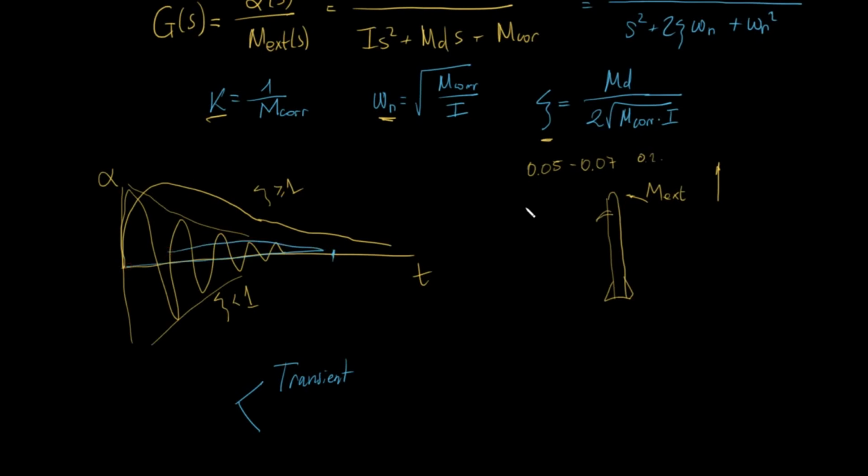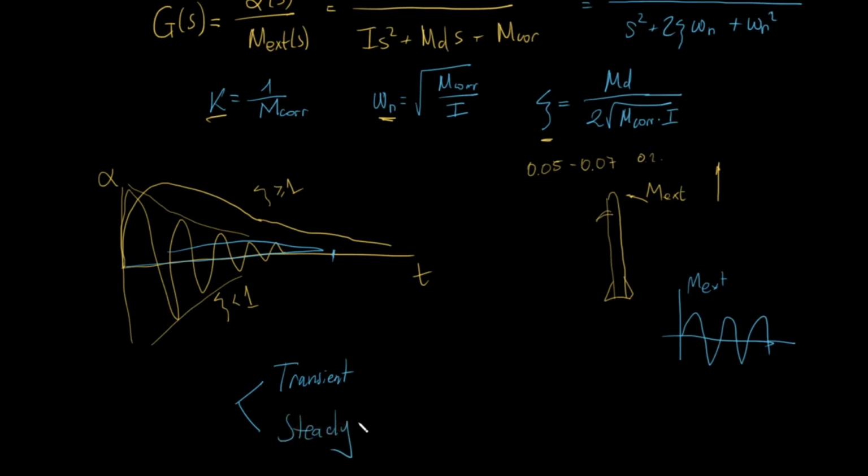But then if we have an external moment that is persistent, like a sinusoidal, imagine an external moment that is sinusoidal, and well, the rocket is never going to stabilize. So in this case, we're more interested in the steady response.